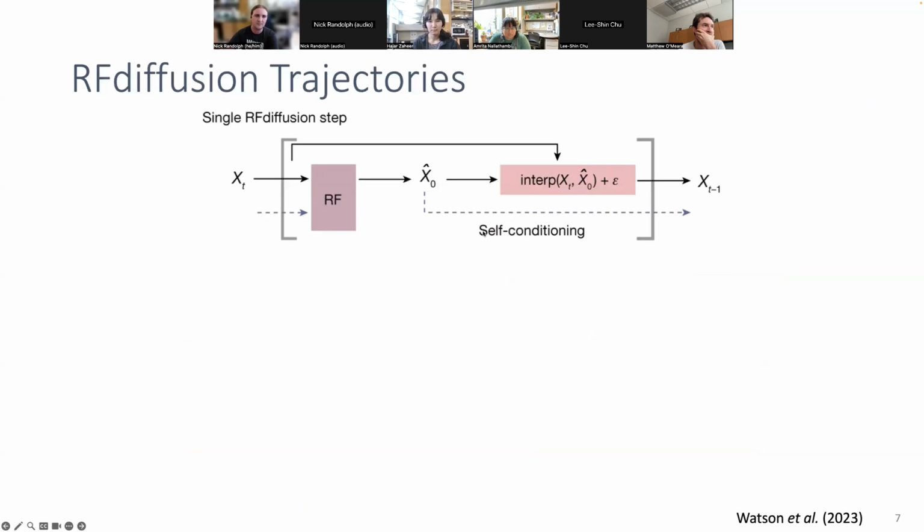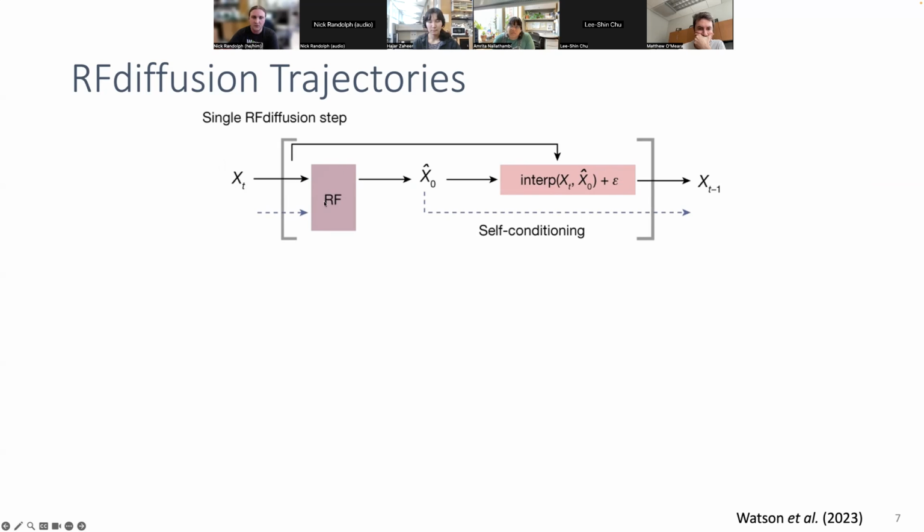What does a single step take? In these diffusion models, there are a lot of steps in this denoising trajectory. We start at a very noisy structure, we gradually denoise it, and then we get something nice in the end. A single step in RF diffusion looks like this, and we're going to break it down. This first x of t is your noisy coordinates at time step t.